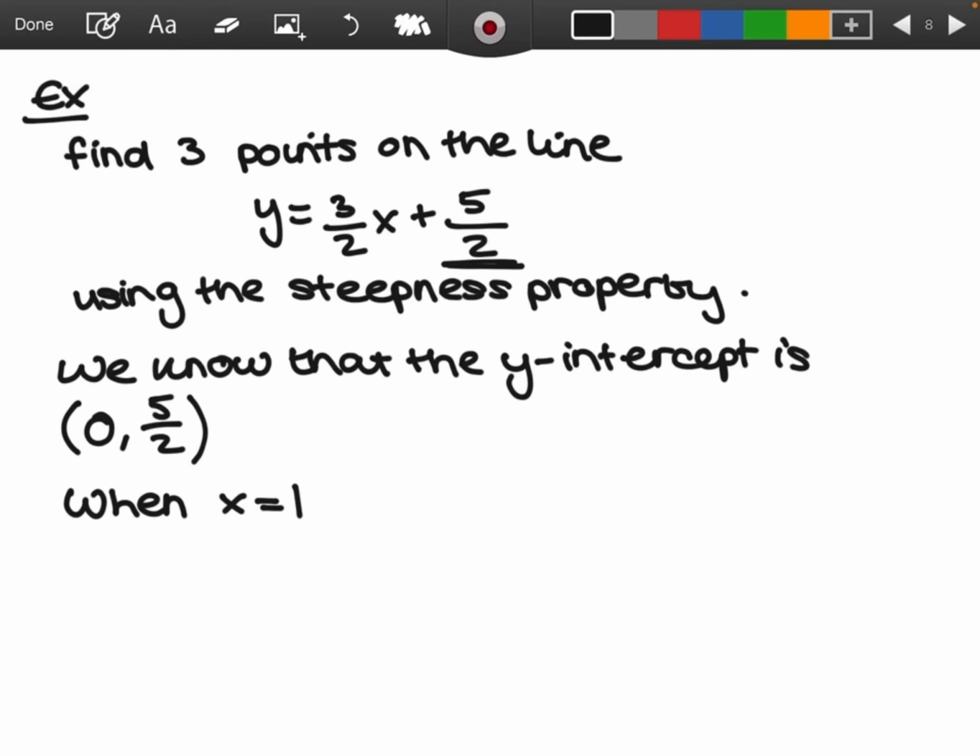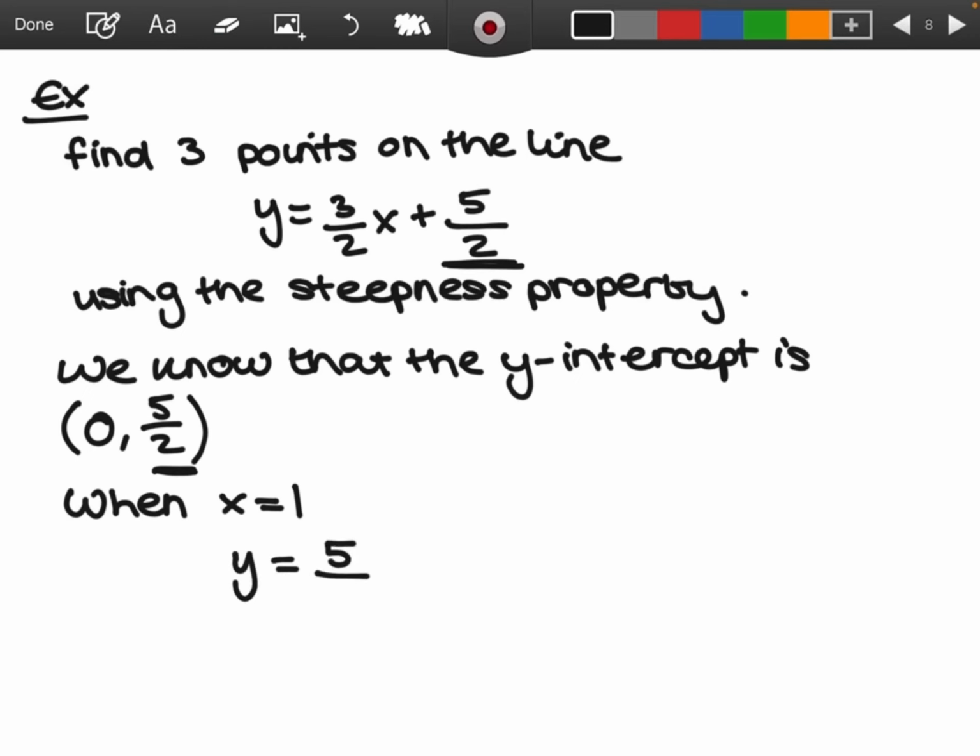I've then got to look at what my slope value is. For a start, my slope is positive. So I know I'm moving up by 3 over 2 units. My y value currently is 5 over 2. So from the steepness property, I start at y being 5 over 2, and I've got to move up by m units. I've got to move up by 3 over 2.